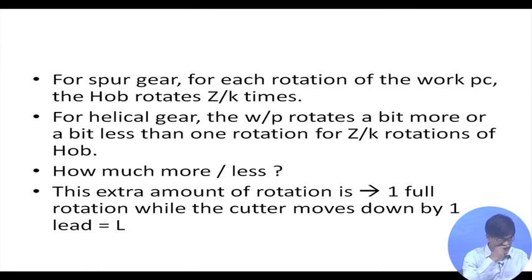If we are cutting a spur gear of 20 teeth, then for every rotation of the workpiece, the hob rotates Z by K times. You might ask, how do we get that?